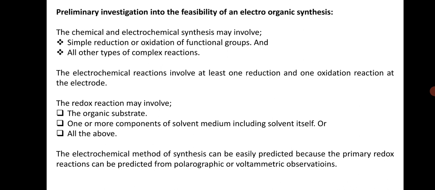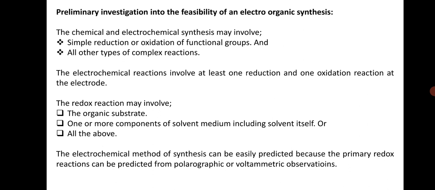Now, when you consider the preliminary investigation into the feasibility of the electroorganic reaction, the following things are to be considered. It means you must know whether electrosynthesis is possible or not by means of the following things.